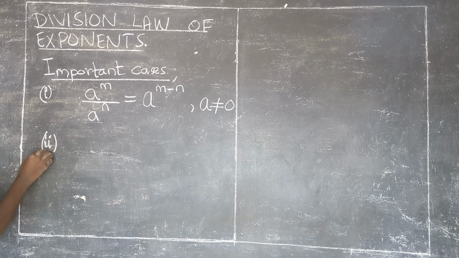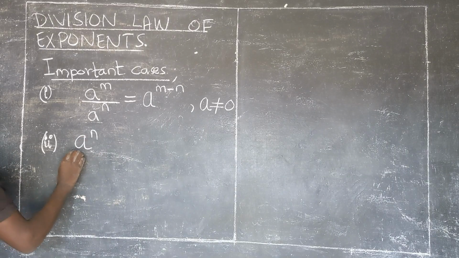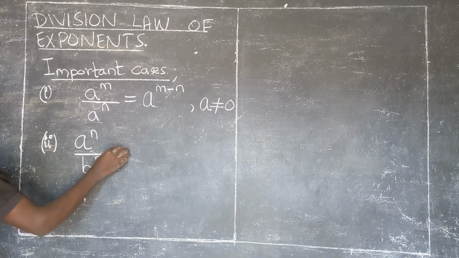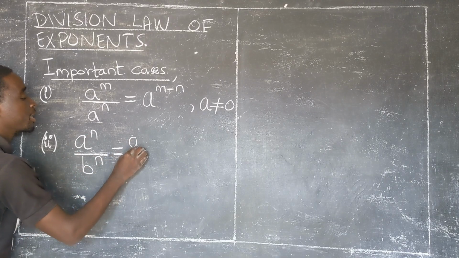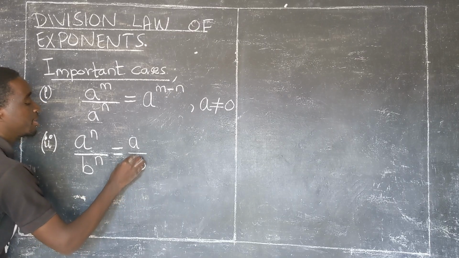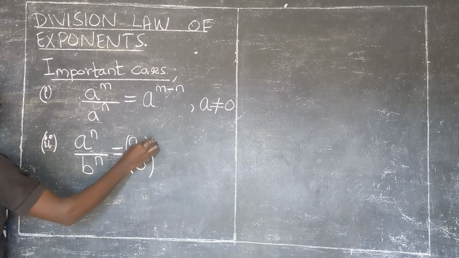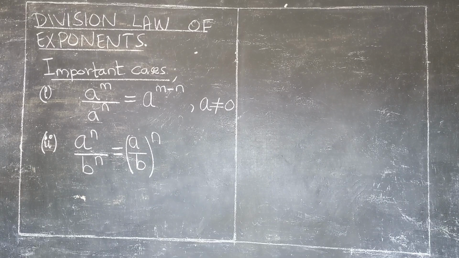Case 2: if you have a raised to n divided by b raised to n, this will be equal to... In this, you have different bases, but with the same exponents. So you take the number in the numerator divided by the number in the denominator, then you raise the two under the same exponent.